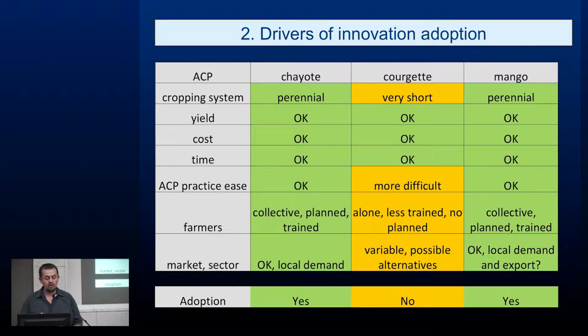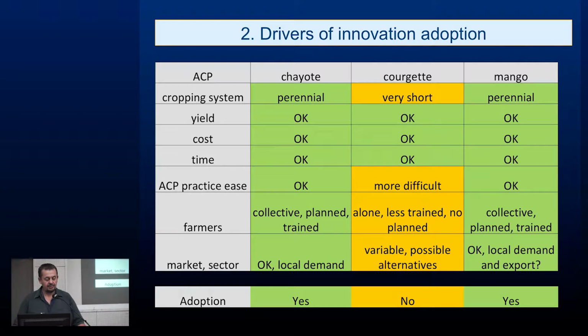Here is a table showing that you have drivers coming from the cropping system, the type of cropping system, for example, perennial or annual. Criteria coming from the practices: if you have a practice which is easier to implement, the adoption will be easier. You have also characteristics concerning the farmers, of course, their level of training, their level of working together, and so on.